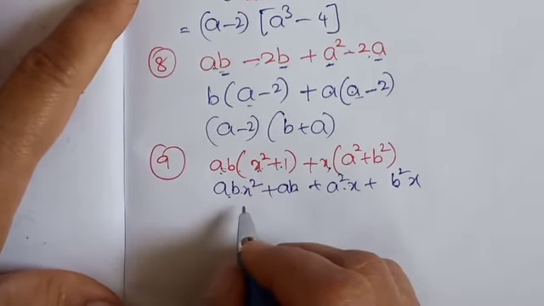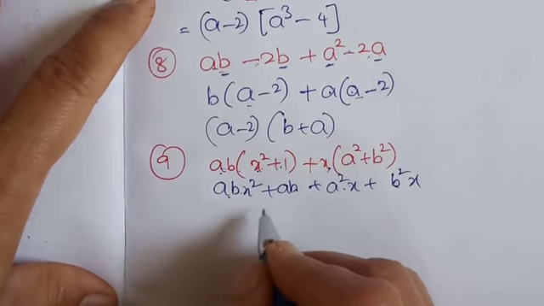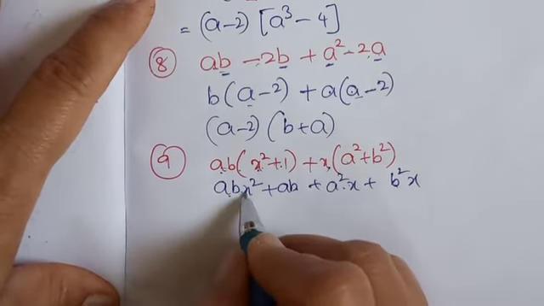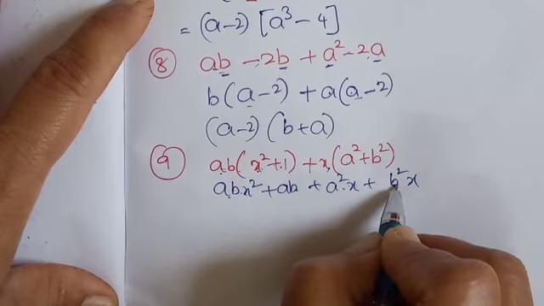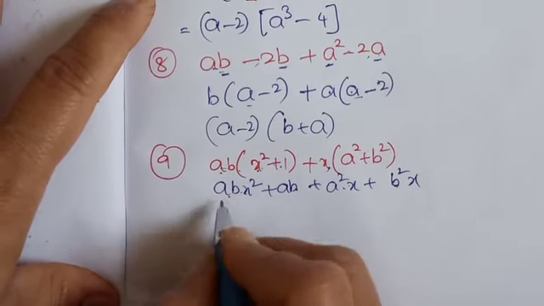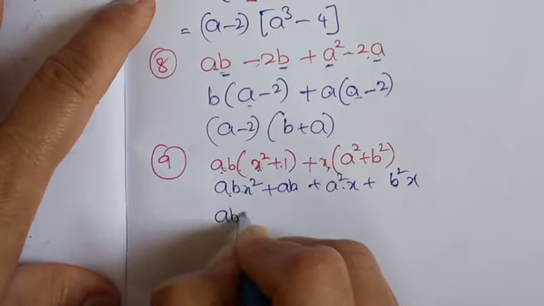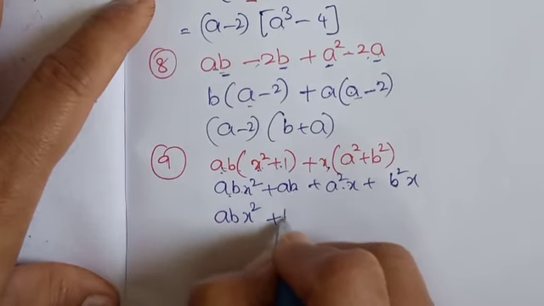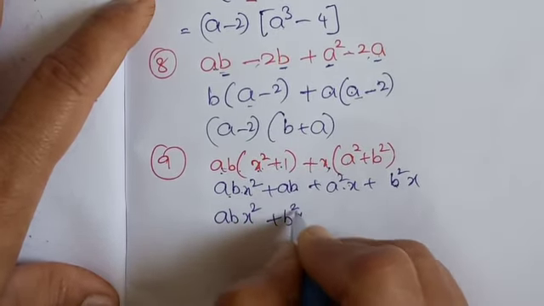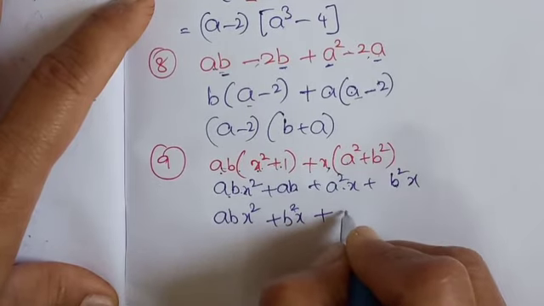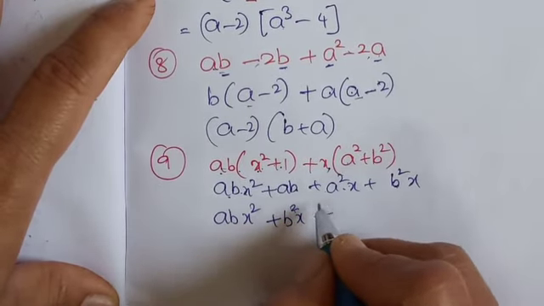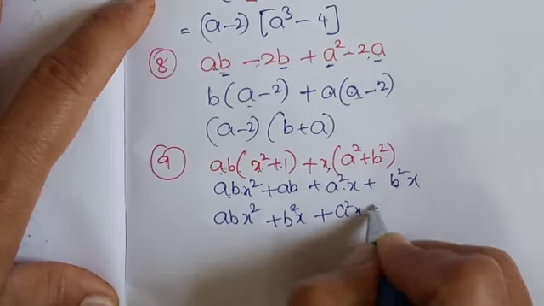Okay, children, so here now we can do one thing. The bx term, we will group it. Okay, abx², rearranging: abx² + b²x, and this is a²x + ab.